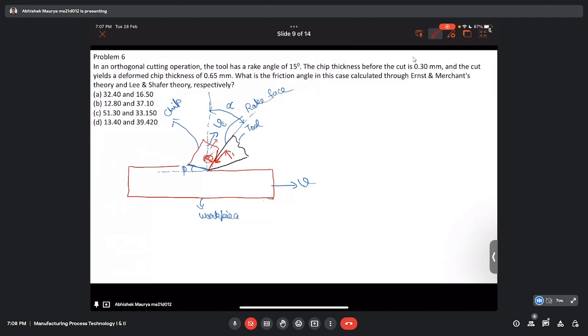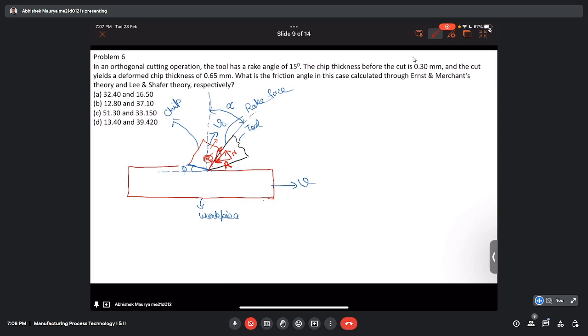This is the normal force and this one is the frictional force. If we combine both, that is the net force, R. So the resultant of normal force and friction force is represented by R. This is the total force which the tool is applying on the chip, as well as the workpiece is applying on the tool.